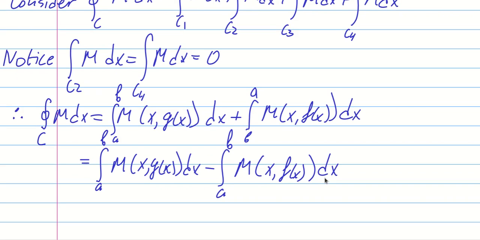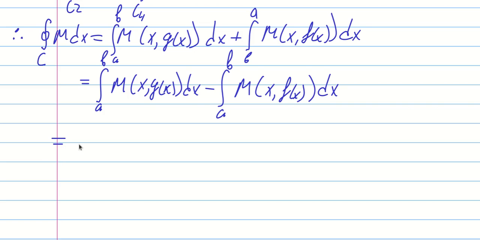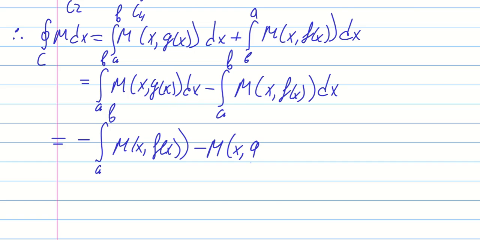All right, so everything is good, but the last thing I want to do is to take these two terms, and since the limits are the same, put them into the y expression, but I would like f of x to be before the g of x, so I will factor out a minus. So minus the integral from a to b of m of x, f of x, minus, again I factor out minus, so this term becomes positive, but this term becomes negative, x g of x dx.